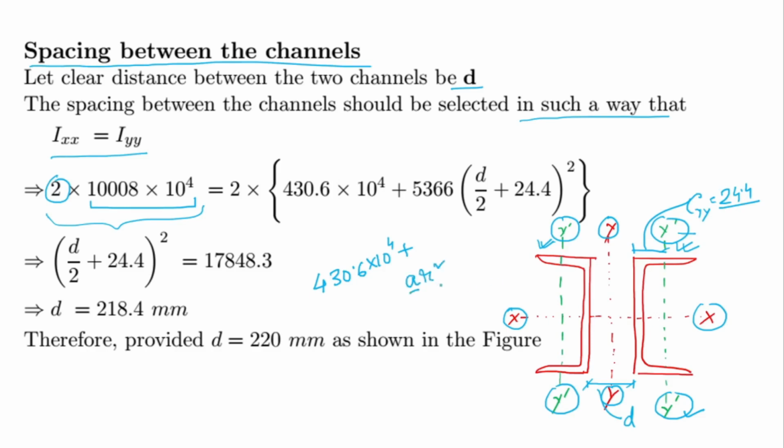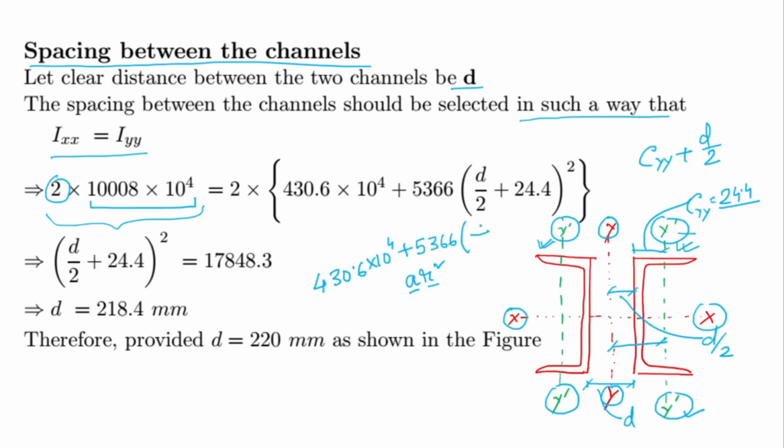What is A? It is the area of the channel, 5366 mm square. And what is r? r is the distance between the YY axis of the whole column and the YY axis of the individual channel. So it will be Cyy plus d by 2. So this portion will be d by 2.